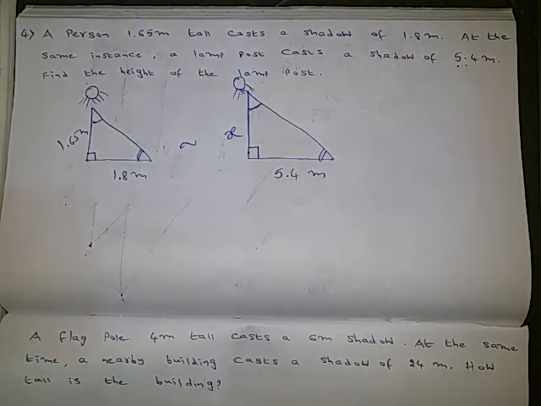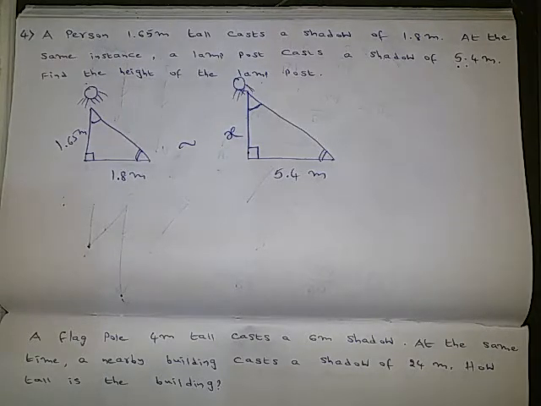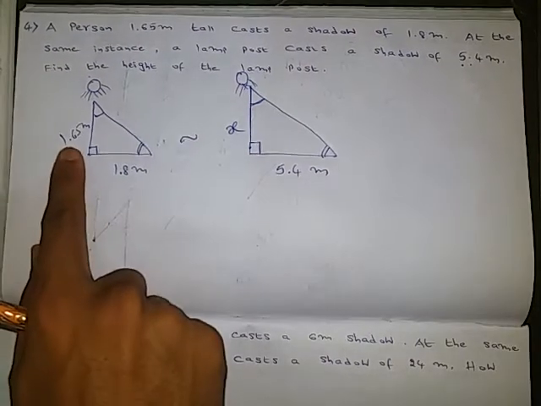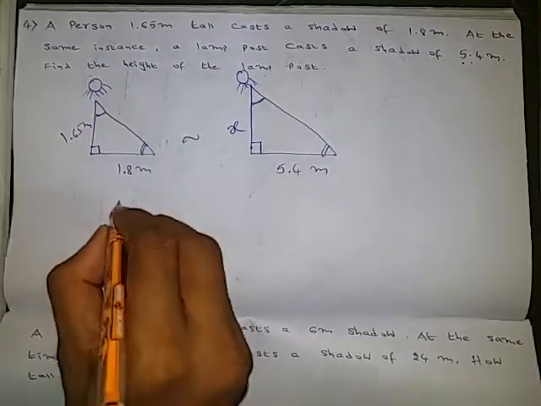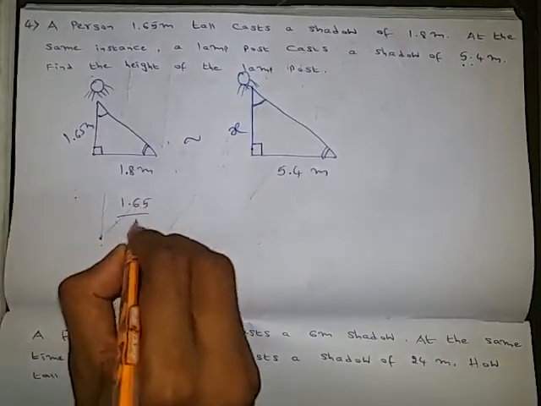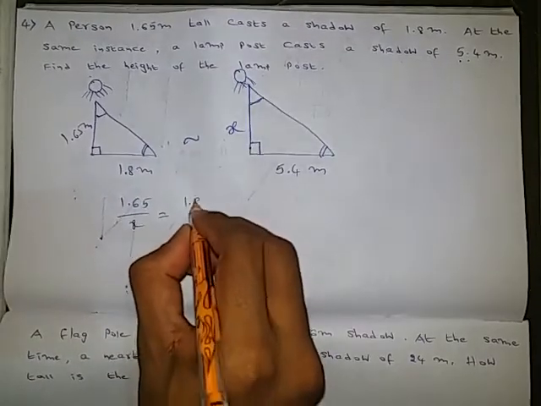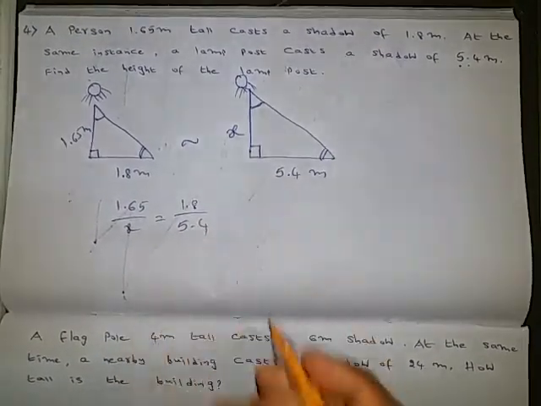So let us apply the similarity now. That is corresponding sides ratio. Left side by left side, 1.65 by x is equal to base by base, 1.8 by 5.4.